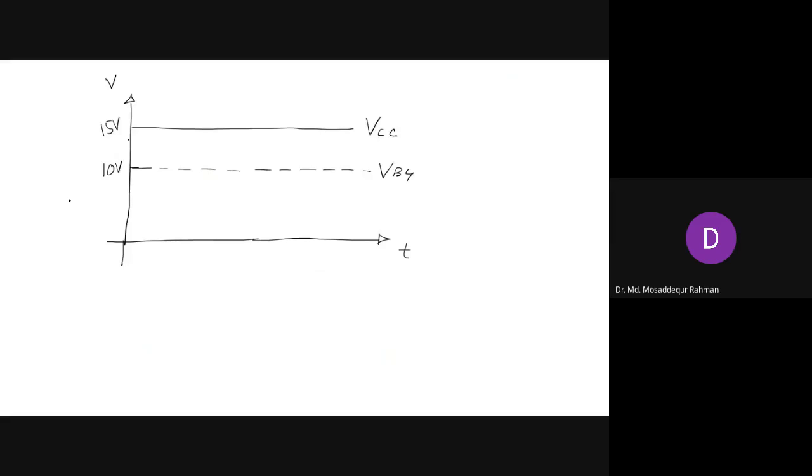Then we have VC4, which is 12 volt. So that will come somewhere here. This is our VC4, 12 volt.